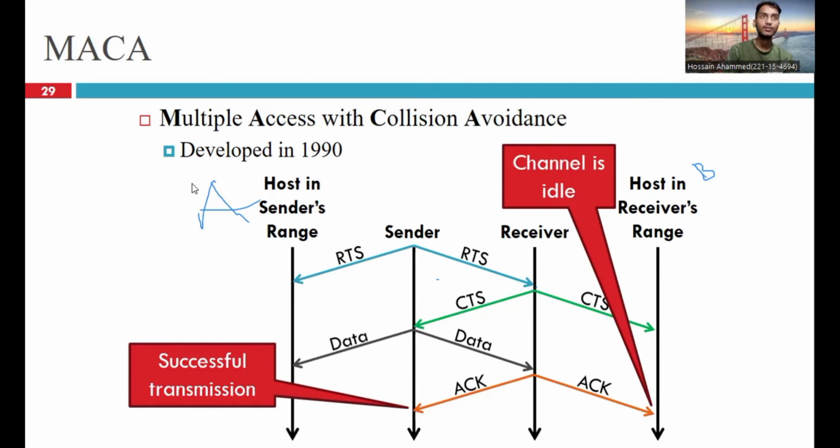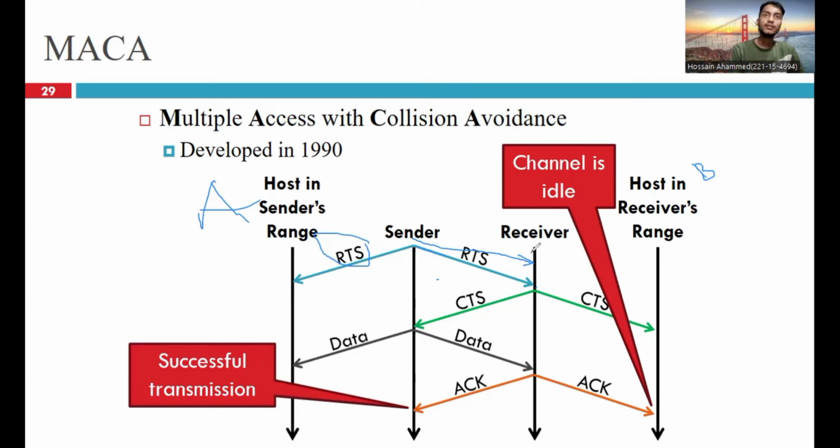Here we see the RTS. RTS means request to send. The sender sends a request to the receiver asking: is the network busy, or is it okay to collect the data from the sender device?